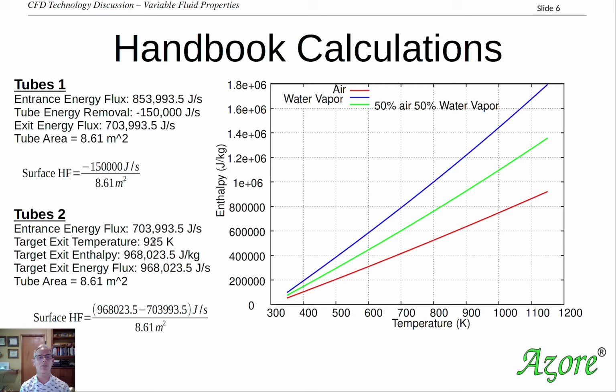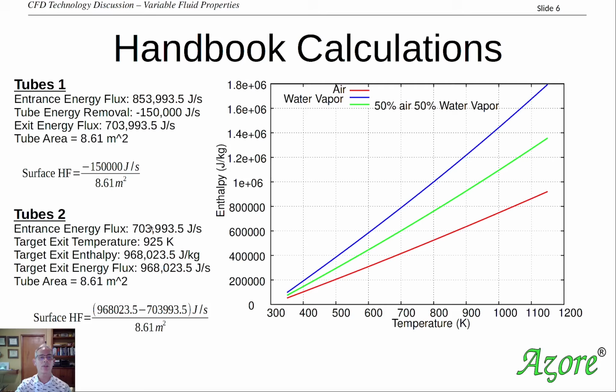What should the enthalpy level be when it exits the second tube bank? We can look that up in our enthalpy table at 925, go right up here, and see that it's pretty close to right around here. So this is the enthalpy level that we're going to look for.